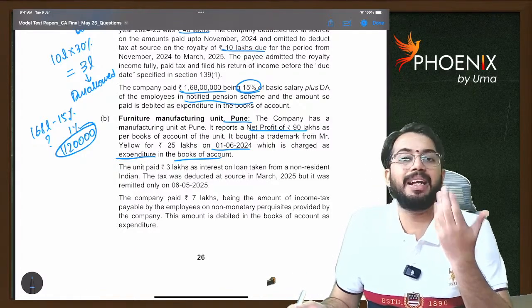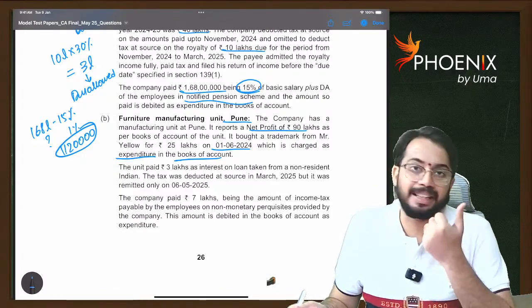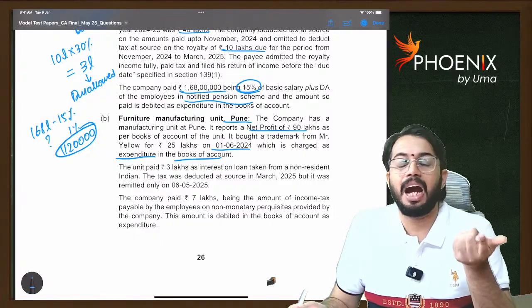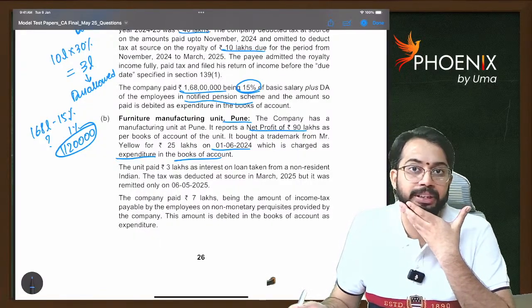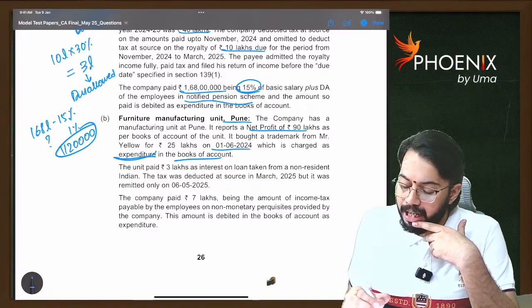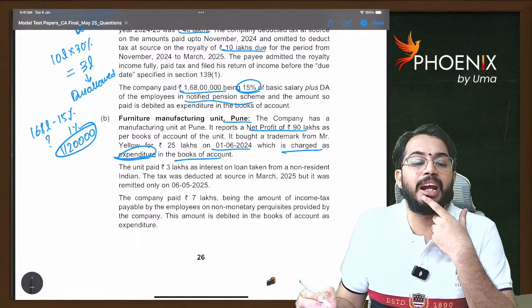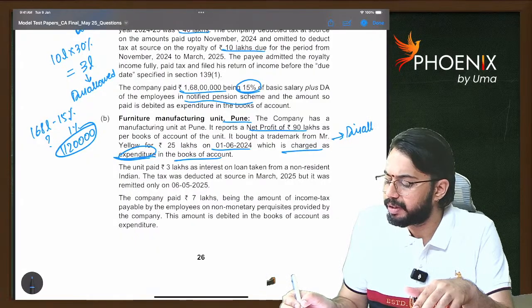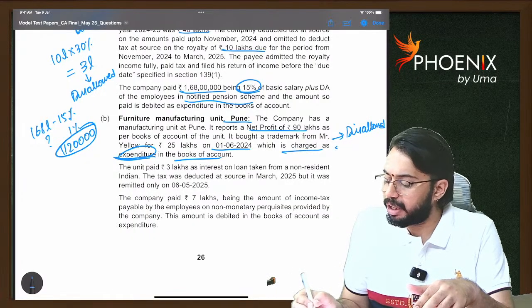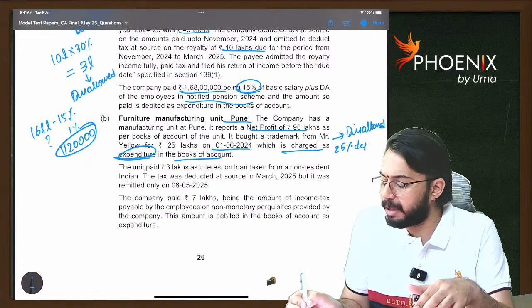See, trademark is an intangible asset. It should be capitalized and it should be amortized. Depreciation will be provided at 25%. However, here entire expenditure was charged to P&L account. Is it correct? No, that is to be disallowed. However, 25% depreciation will be allowed as deduction.